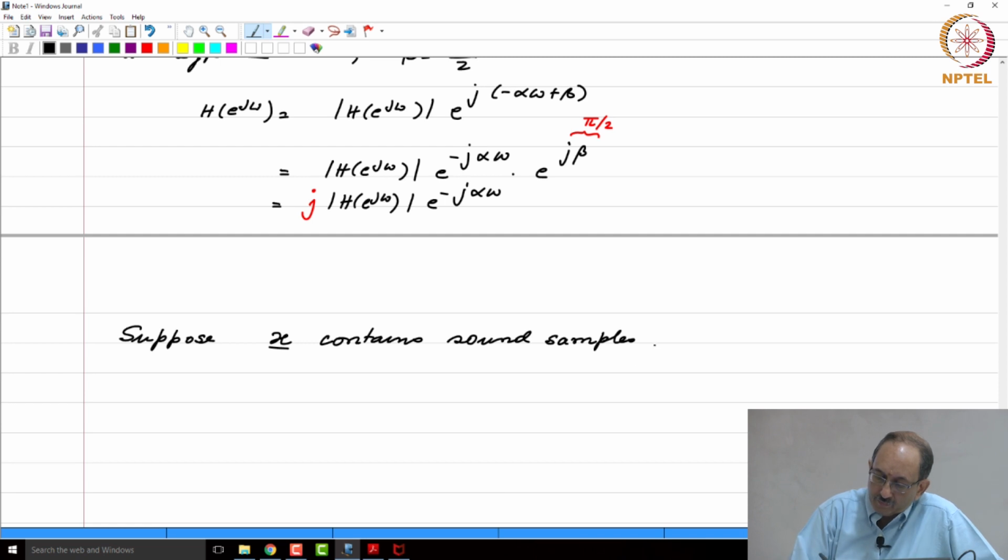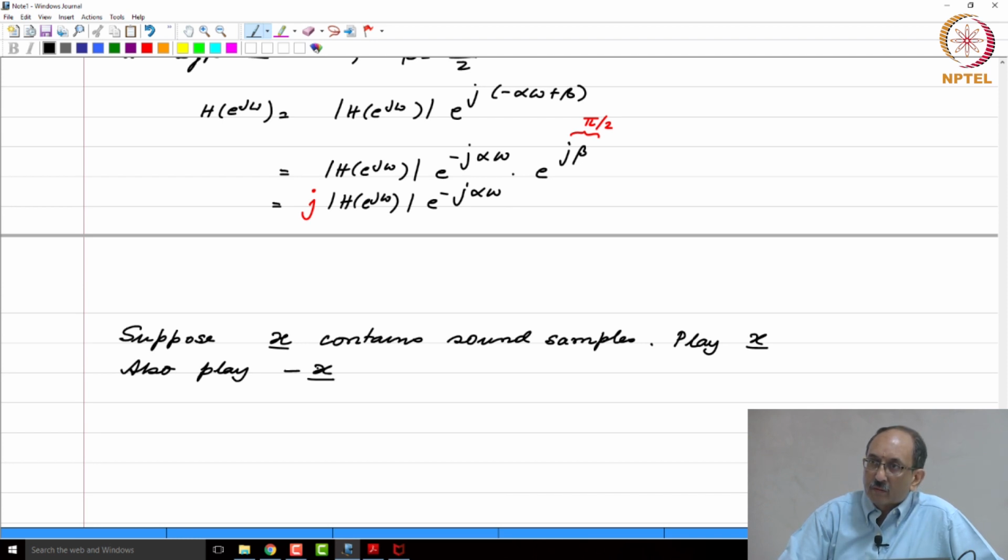So, you can play this vector. You can also play minus x, right. You can multiply this vector by minus 1 and then play the file. And remember, when you multiply by minus 1, you are effecting a phase change of 180 degrees, right.